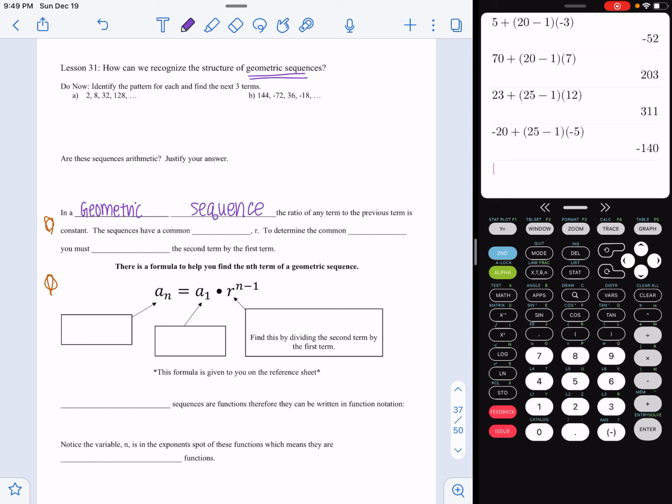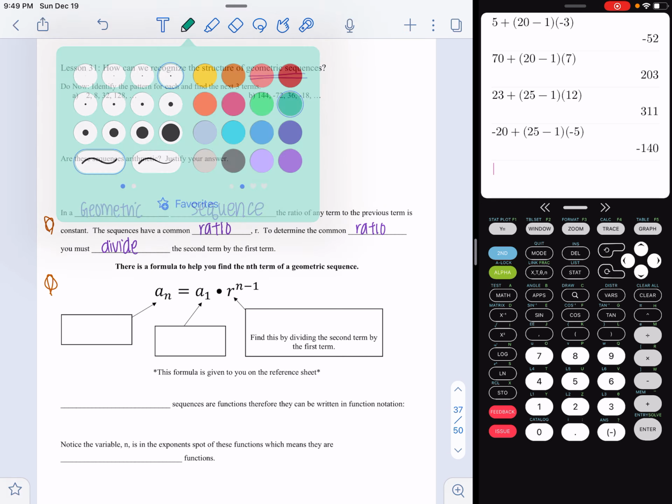The ratio of any term to the previous term is constant. The sequences have a common ratio. So remember in arithmetic sequences, we had a common difference. In geometric sequences, we have a common ratio. To determine the common ratio, you must divide the second term by the first term.